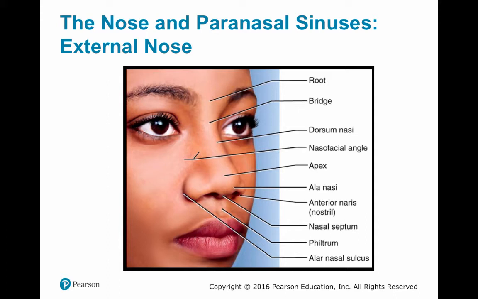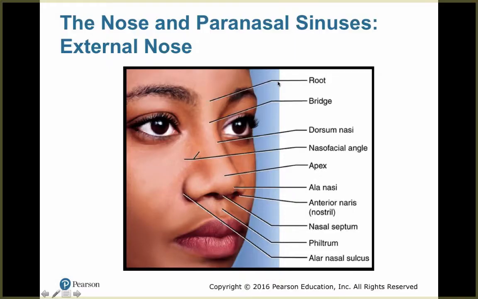So we're going to focus on the external nose. Here you can see the root, which is that area that's between the eyebrows, right? And then you have the bridge here at the top of the nose between the eyes.